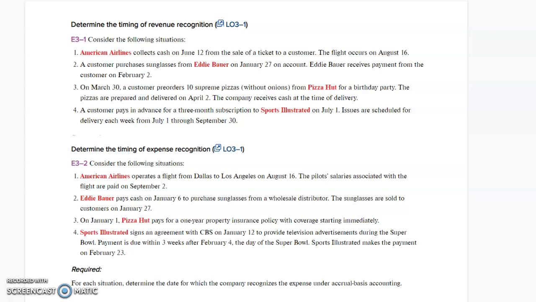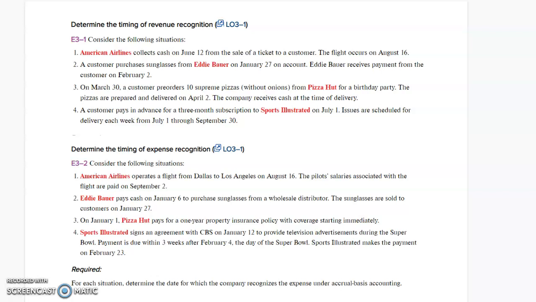Number 2, Any buyer pays cash on January 6th to purchase sunglasses from a wholesale distributor. The sunglasses are sold on January 27th. Both things happen during January here. So the expense of the sunglasses is going to be recorded in January.